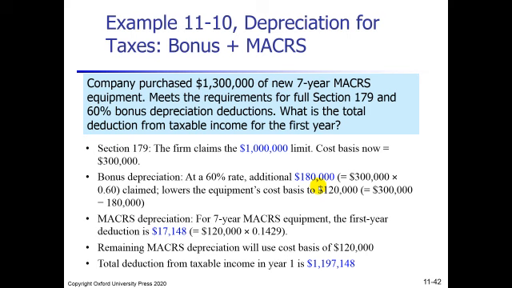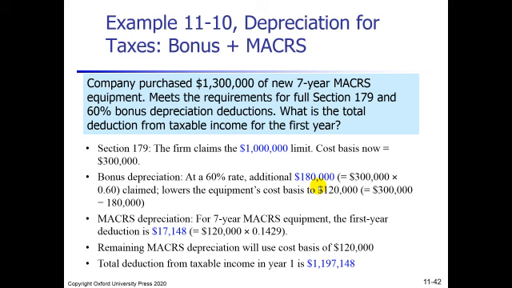And the remaining depreciation will use that cost basis, the $120,000 that was left over after the bonus depreciation and the Section 179. And so the total deduction just in year 1, because we're immediately taking that Section 179 claim, we're immediately taking the bonus depreciation, and we're following that up with our year 1, you add up the 1 million plus the 180,000 plus the 17,148, and you get a huge deduction thanks to all of these things in the tax code of $1,197,148.